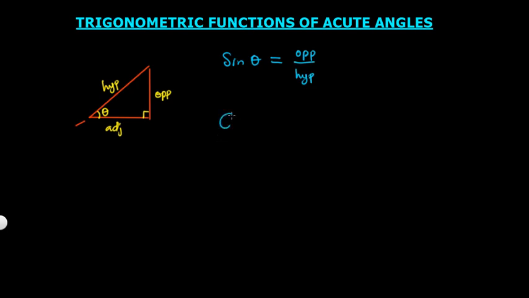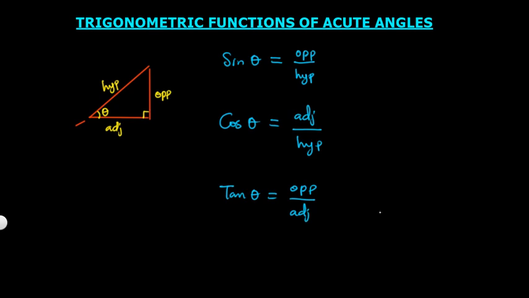If it is cos theta, it is going to be the ratio of adjacent side to the hypotenuse side. And the tan of theta, the tangent of theta, is going to be the ratio of opposite side to the adjacent side.